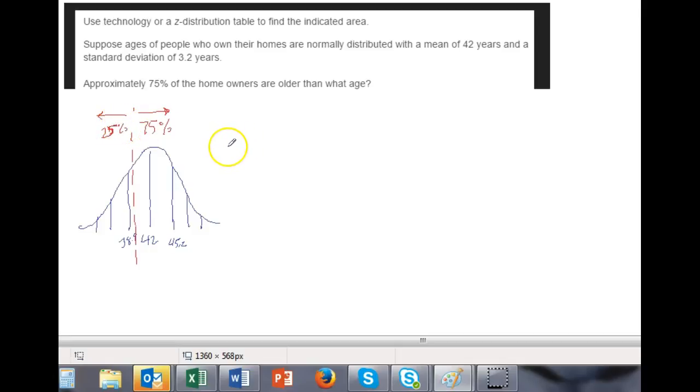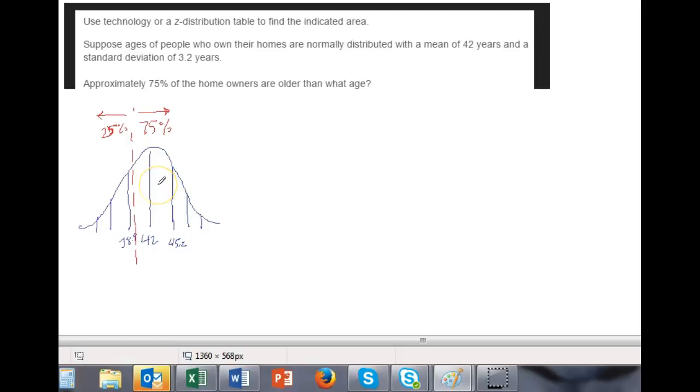Now, here's the deal. Our z-distribution table, which we're about to look at, doesn't tell us what percent are greater than a given number, and we're going to talk about what the numbers mean and what we call them.